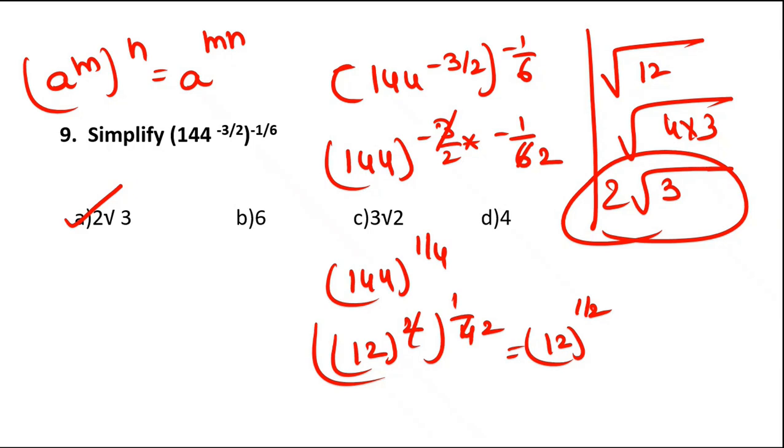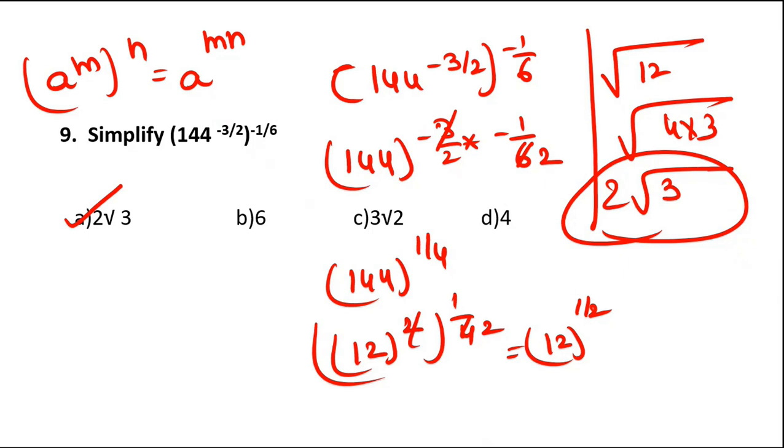All this calculation and step-by-step explanation is for your understanding, guys. Straight away, when you see this question, a power m whole power n is equal to a power mn. So minus 3 by 2 multiplied by minus 1 by 6 is 1 by 4, a positive value. 144 whole power 1 by 4. The moment you look at 144, 12 square should hit your mind. So 12 square whole power 1 by 2, that is under root 12. Under root 12, it's 2 root 3.